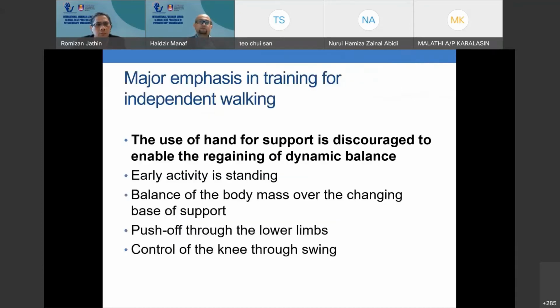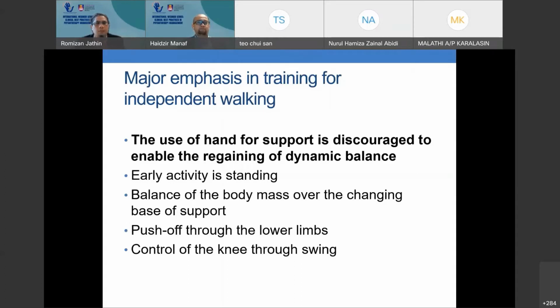Okay. So for gait training, there are about 5 major emphases in training related to independent walking. I'm quoting these 5 key points from Carr and Shepherd and other latest research that cover these 5 areas.